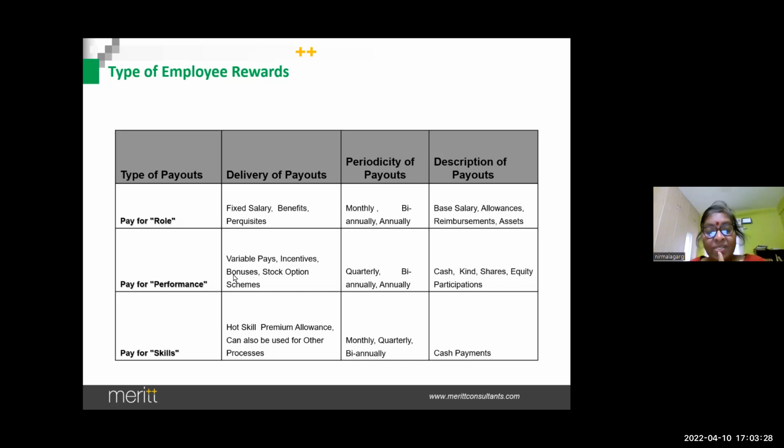Hot skill bonuses, etc., you actually pay monthly or quarterly as cash payments. Equity, ESOPs, etc. are retention tools, so they take time depending on the grant period. They can be transacted or cashed depending on the grant period.